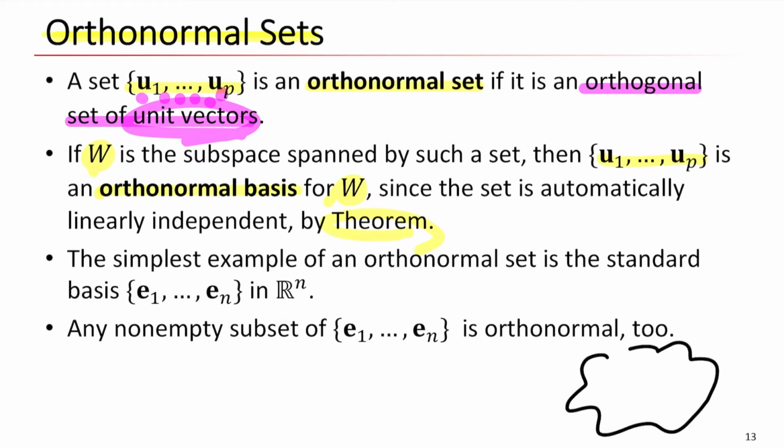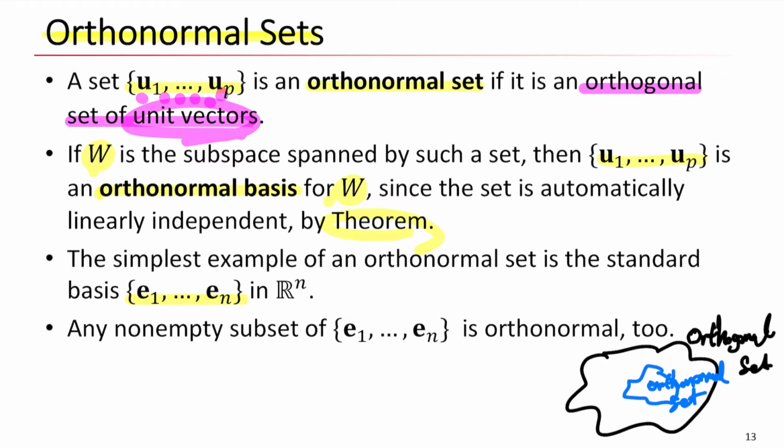This is an orthogonal set, and in here there is an orthonormal set, right? The simplest example of an orthonormal set is the standard basis e1 through en.